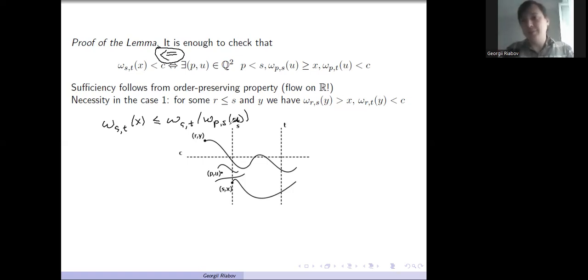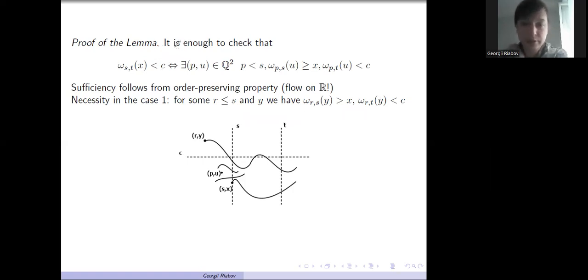Here it is important that the flow is on the real line, so it preserves the order. Then this is omega pt of u, and this is less than c. So the condition is sufficient.